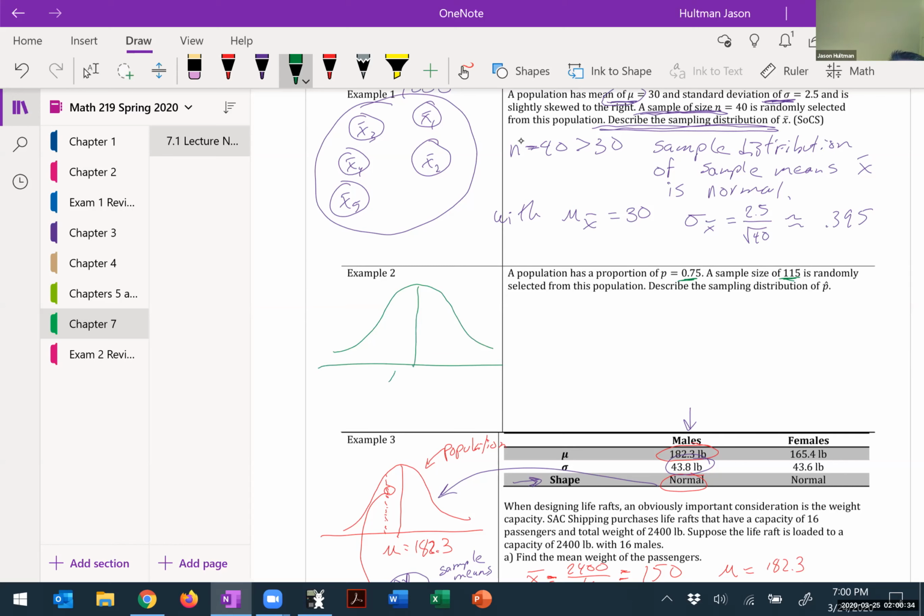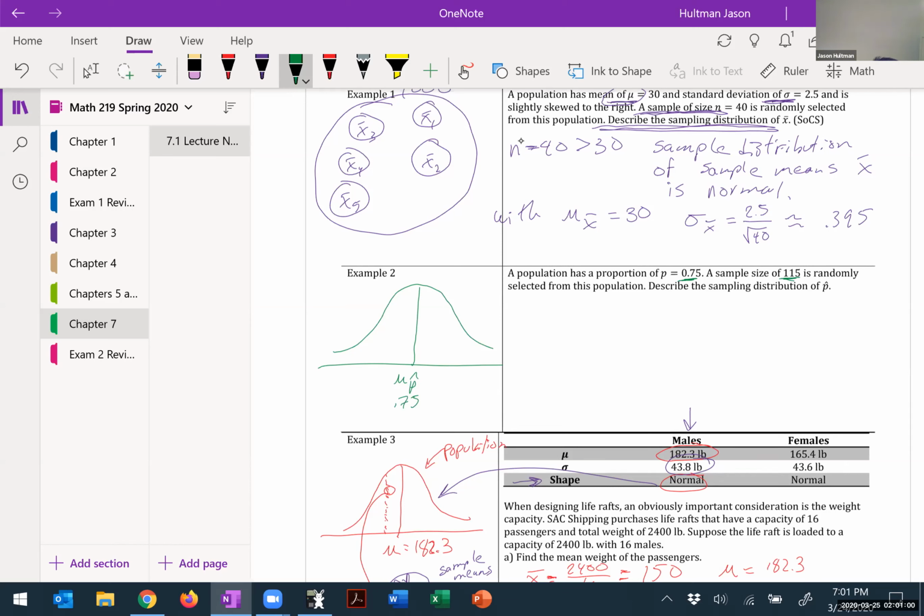Well, what's mu of p hat? Isn't that the same thing as p, my 0.75? This is mu of p hat, the same as my population proportion, 0.75. That's my mean.